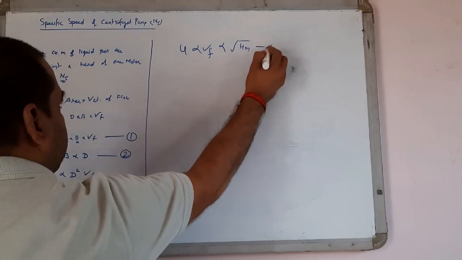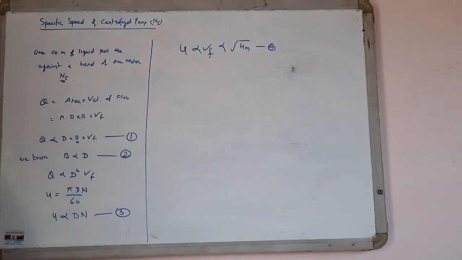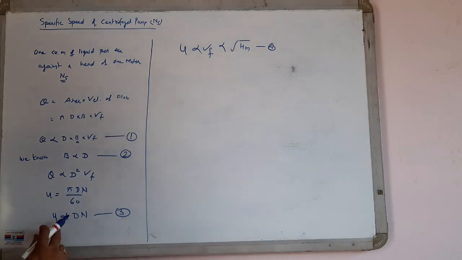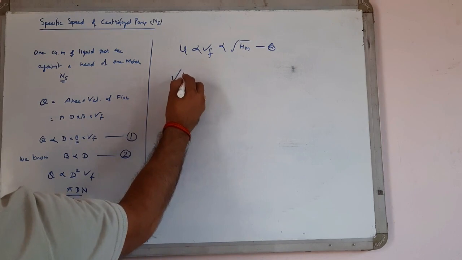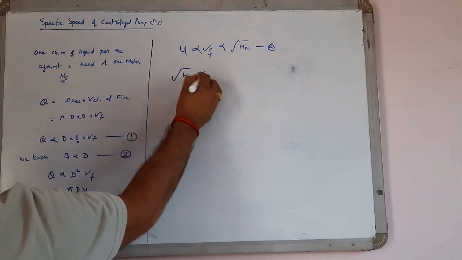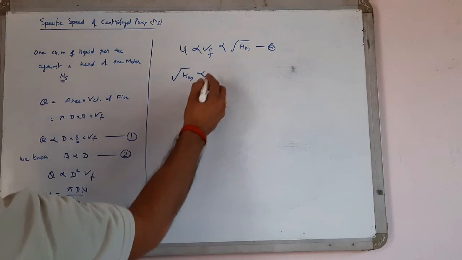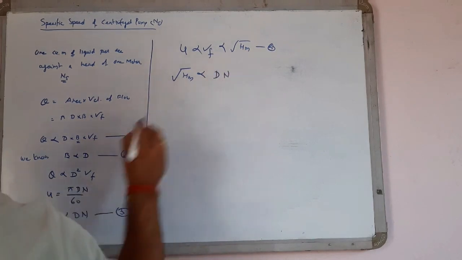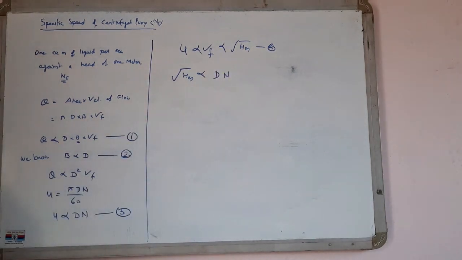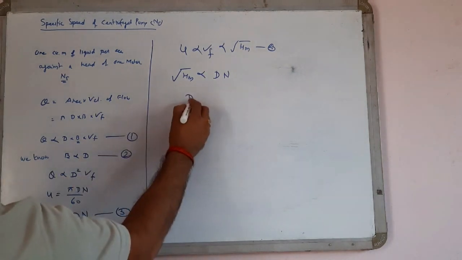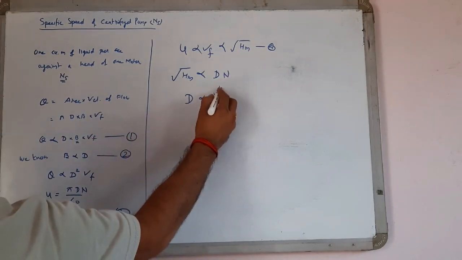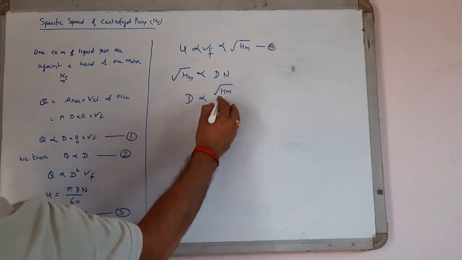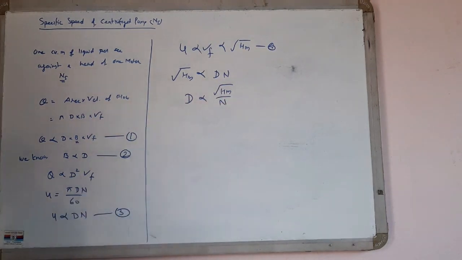This is equation 4. Substituting in equation 3, root Hm is proportional to D N, or D is proportional to root Hm by N.